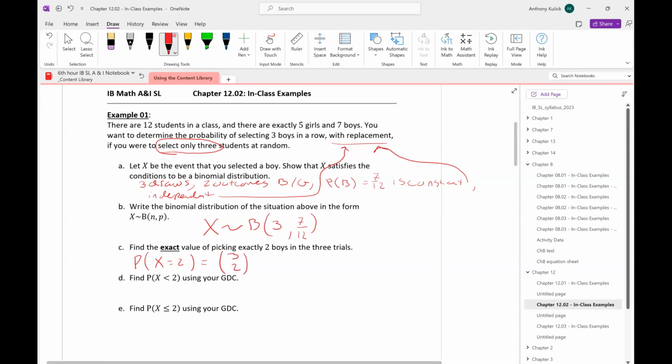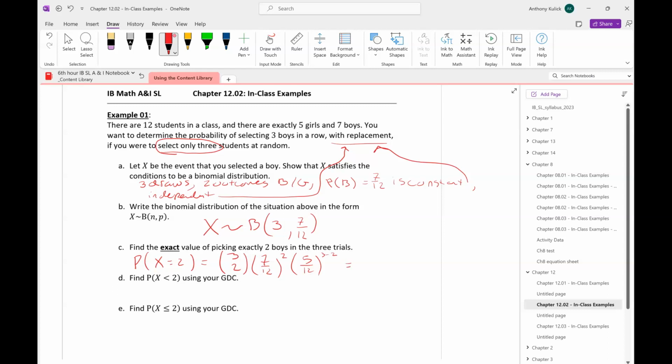R in this case is 2. P was 7/12. And then 1 minus P is 5/12. And then n minus r is 1. So that's what we're going to be calculating.